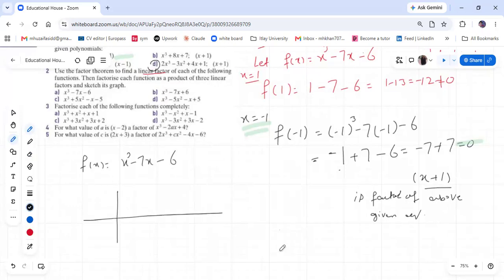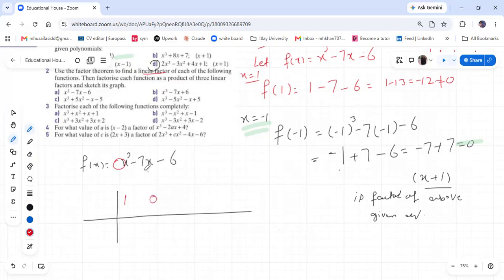Maybe you studied this in previous sessions. This is x to the power cube. Check it here. Its coefficient is 1. After this, the x squared term is missing, that's why I'm setting 0.